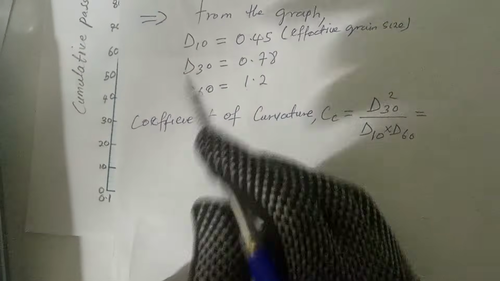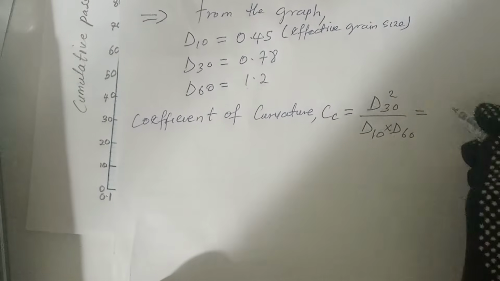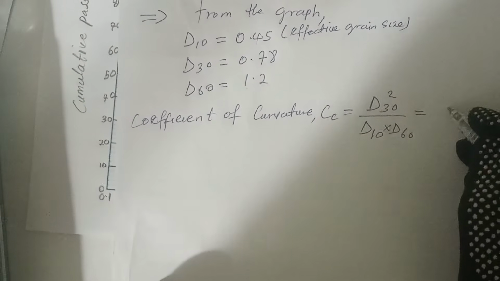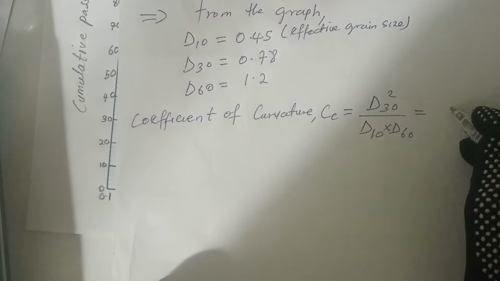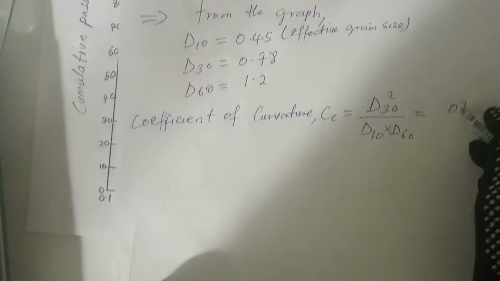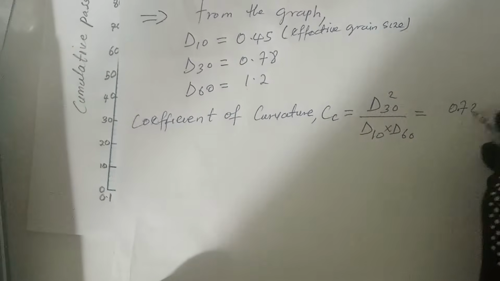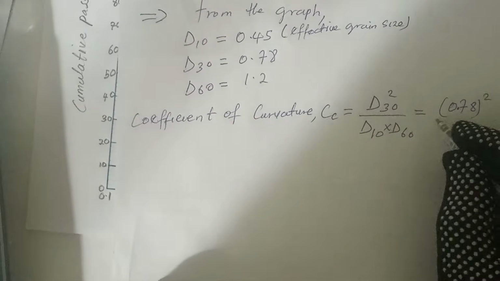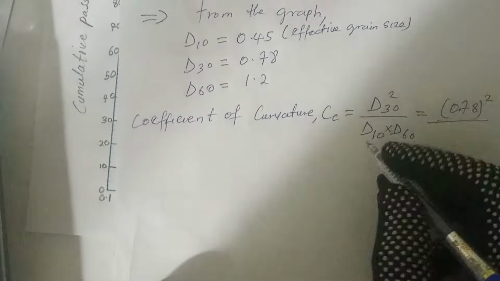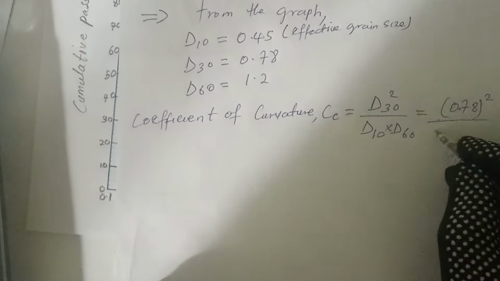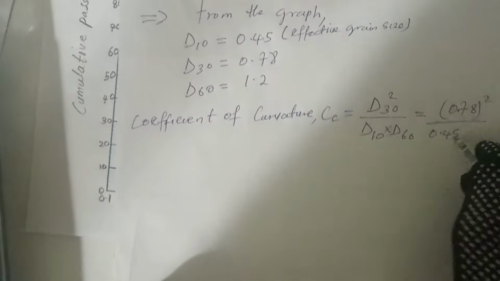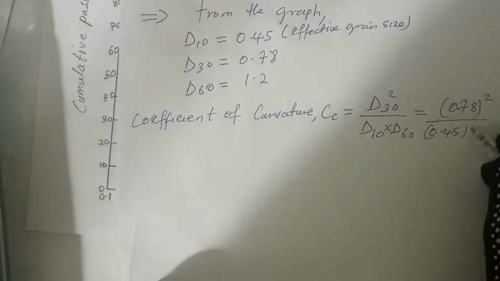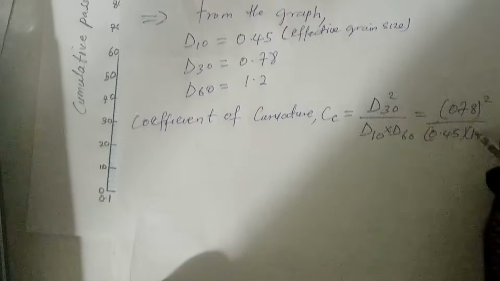So the value for D30 is 0.78, squared. The value for D10 is 0.45. The value for D60 is 1.2.